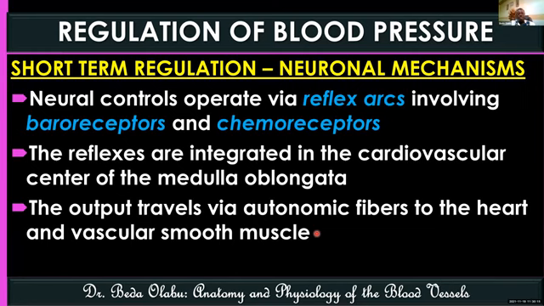So that will be on the blood vessels. And this other one will be on the heart. Of course, we know that there's also that output that goes to the adrenal medulla that causes release of adrenaline. Then adrenaline will still act on the cardiac musculature as well as the vascular smooth muscle. Remember, tunica media of the blood vessels.